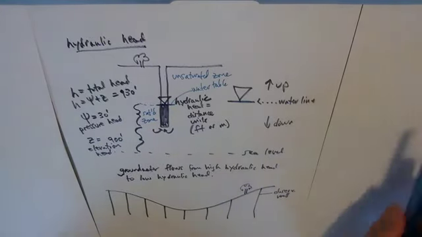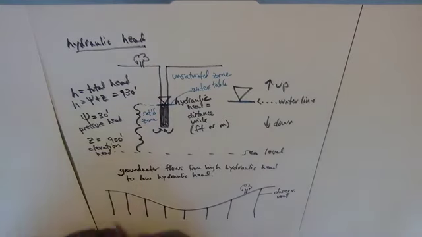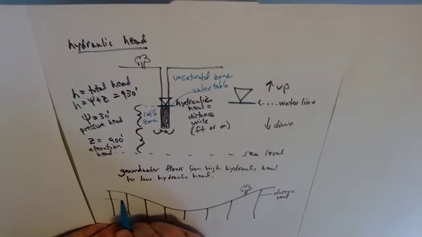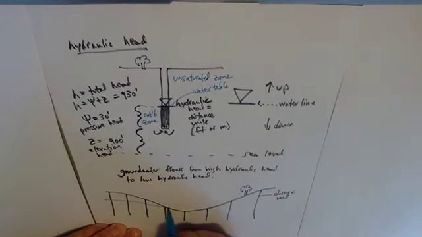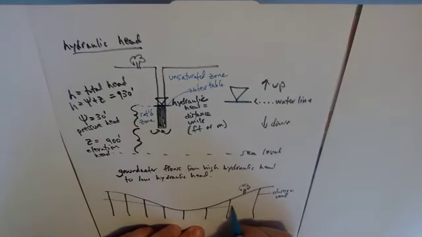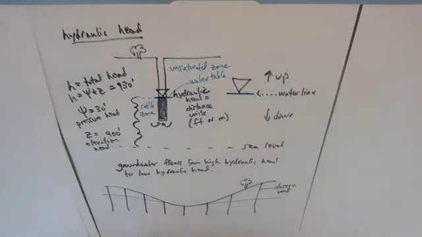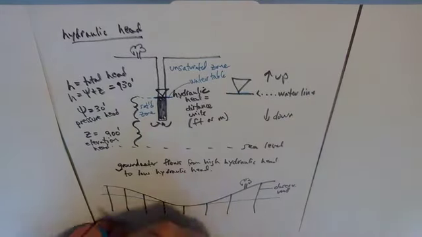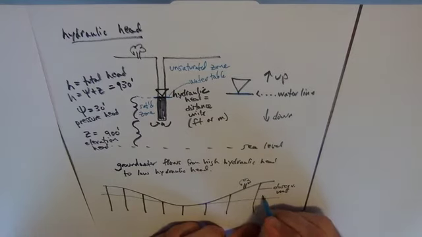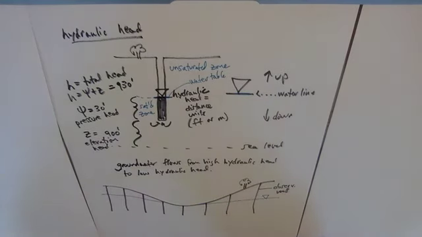It's a water table. Okay, so what I'm going to do over here is I'm going to draw the water table, like this. And hopefully what you can see, I'll draw a little triangle here to denote that it's the water table.